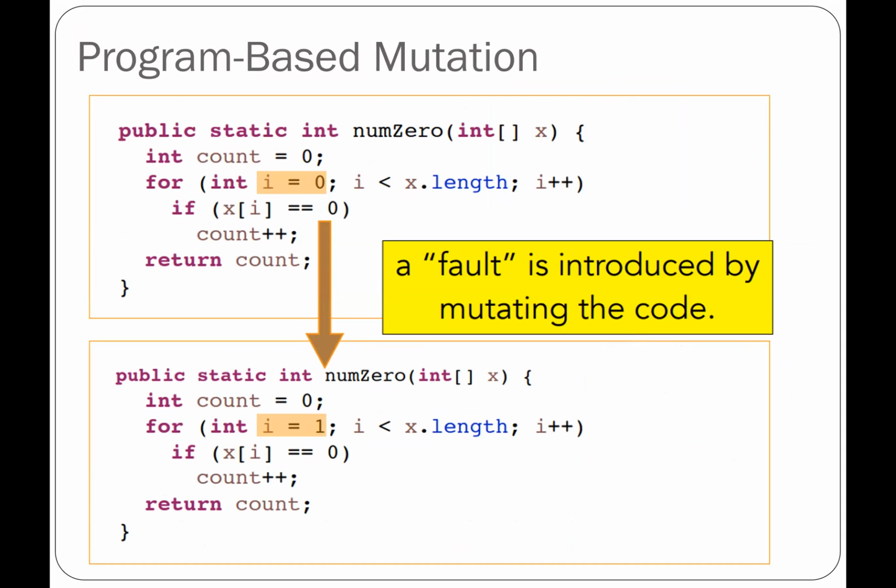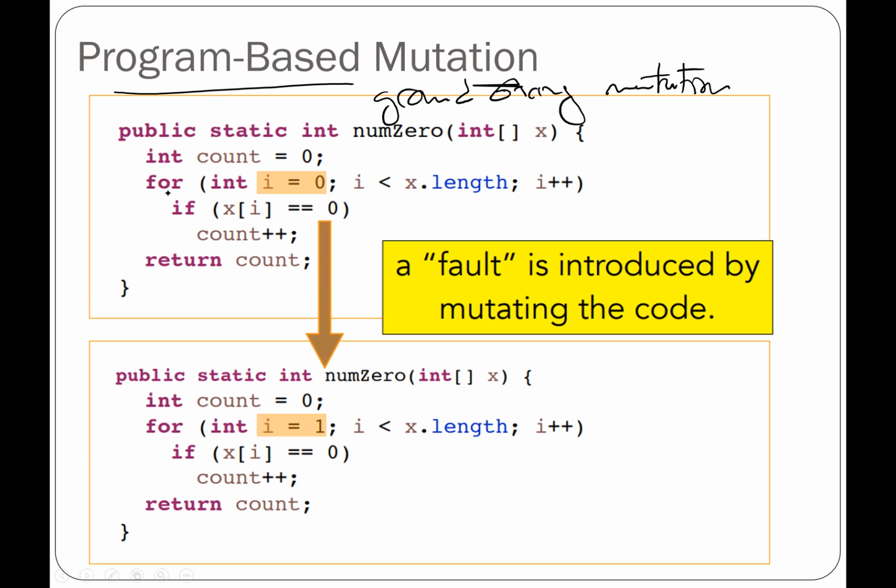Now mutation, program-based mutation, which is a fancy way of saying ground string mutation, is when I take an actual program, a valid program, and I mutate it.